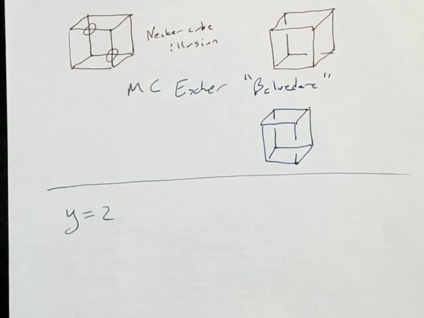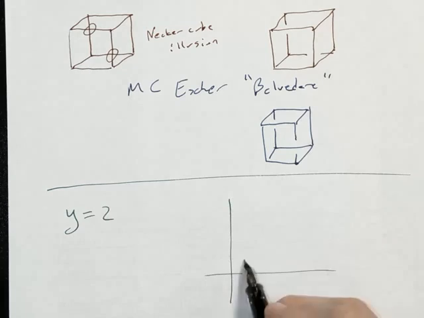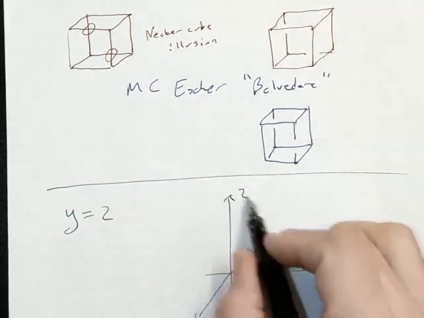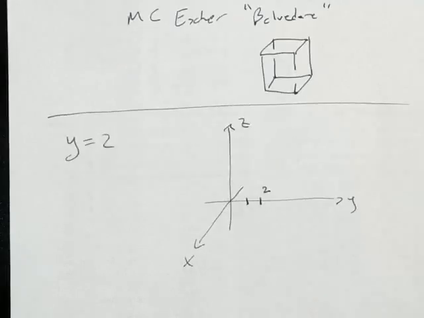If I can have x be anything and I can have z be anything, then instead of having 1 degree of freedom, I have 2 degrees of freedom. There's the point y equals 2, 0, that's 0, 2, 0, right? On the y-axis.